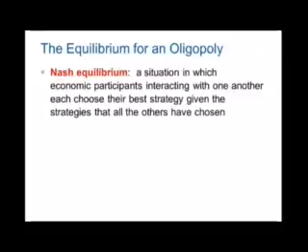Nash equilibrium is a situation where participants, when they interact with each other, figure out their best strategy no matter what the other person does. If you are playing chess and your best strategy is to move the bishop no matter what the other guy does, you will always move the bishop.